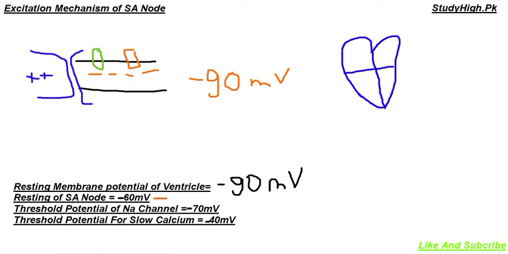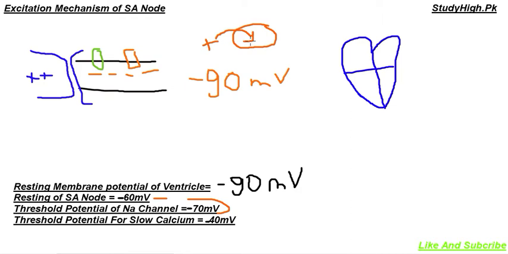And the threshold potential, the minimum potential required for opening of the fast sodium channel, is minus 70 millivolt. It means that when a cell in normal conditions, whose resting membrane potential is minus 90 millivolt, receives positive ions from an outside source or from its neighbor cells through intercalated discs, its potential becomes less negative.